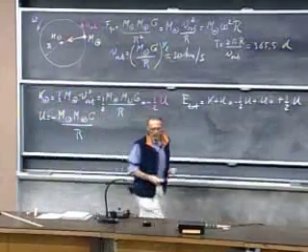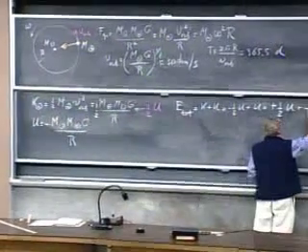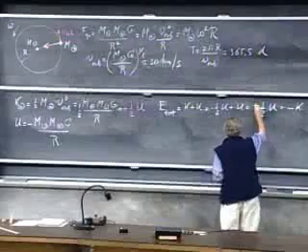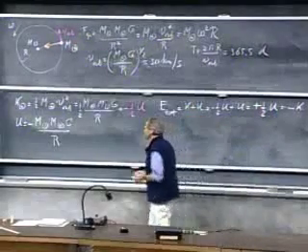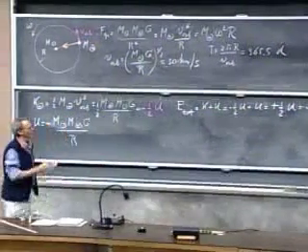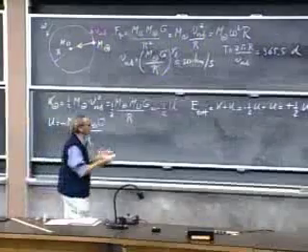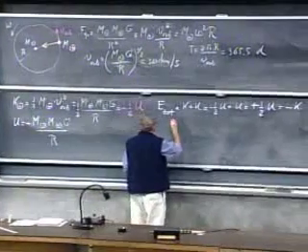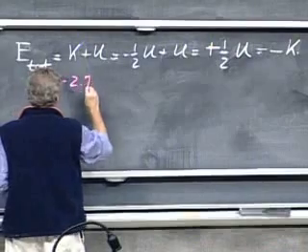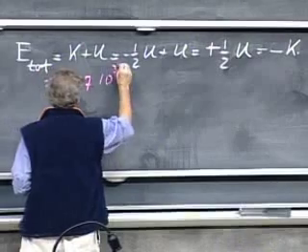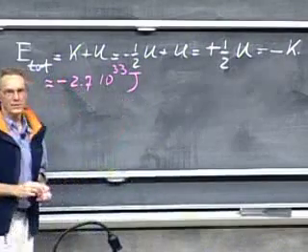It is also equal to minus K. I just calculated for fun how large that number is. It's a negative number, and it turns out to be approximately minus 2.7 times 10 to the 33 joules. Deeply negative.